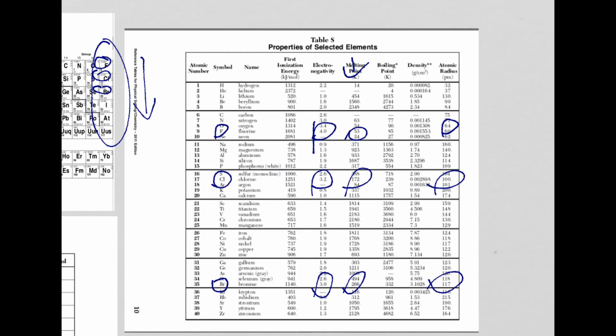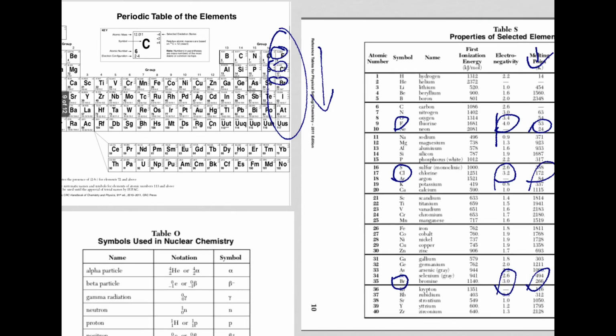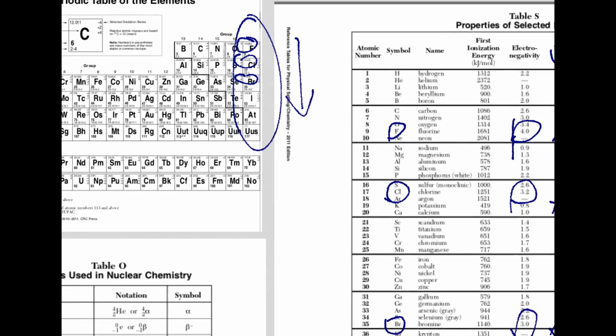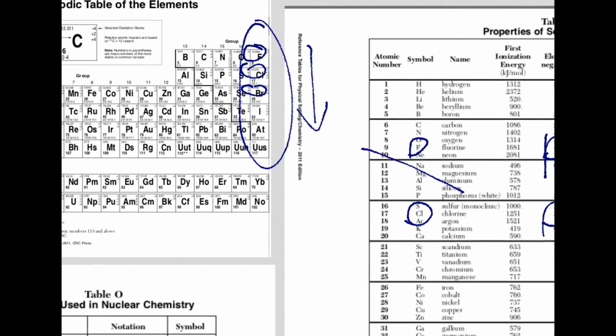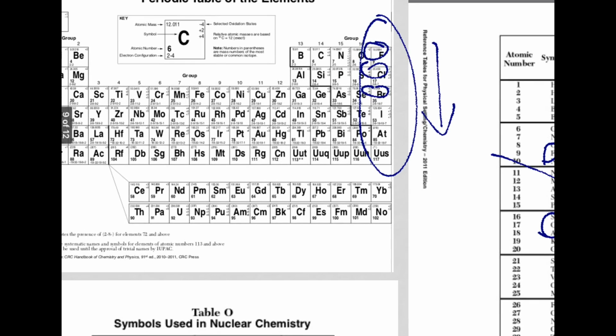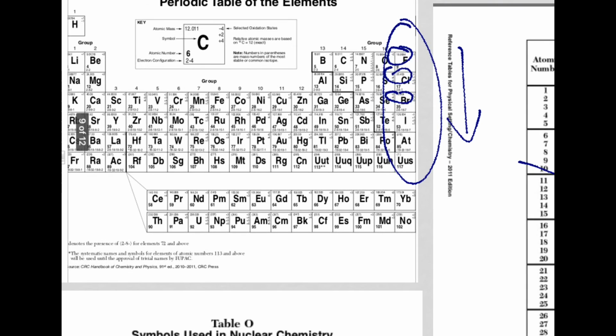There are also polyatomic ion names on the reference tables as well. If we just take a look quickly at the periodic table, you'll notice for the periodic table that you get to use, and if you don't have this periodic table, if you're taking a different course than Regents Chem, you have some sort of periodic table. There is a staircase, I call it, that separates my metals and my nonmetals.